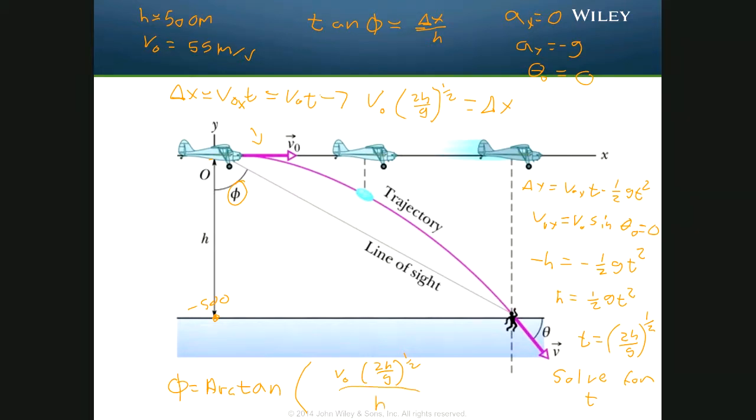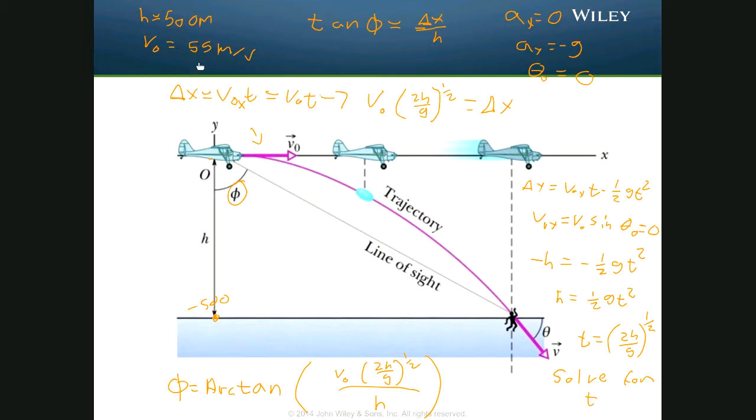Why do I write it like this? Because now you know phi for every iteration of this problem. This is a general answer. You can plug it in to your heart's content to see what the actual number is for the particular set of numbers that we have up here.